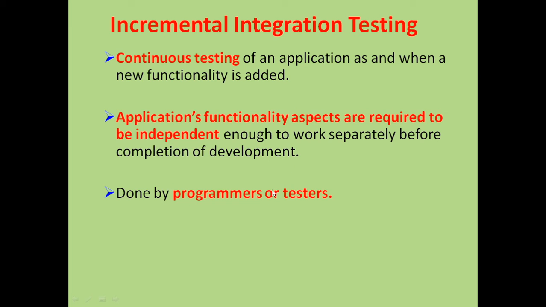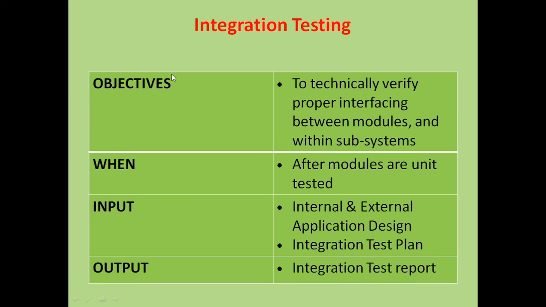It is done by programmers or testers again, because it's a very technical task. The integration testing's objective is to technically verify if proper interfacing between modules and between subsystems is there. When do we do it? Once the unit testing is over and we have certified units. Then what is the input? Internal design as well as external design, because how an application interfaces with the other is a part of the external design.